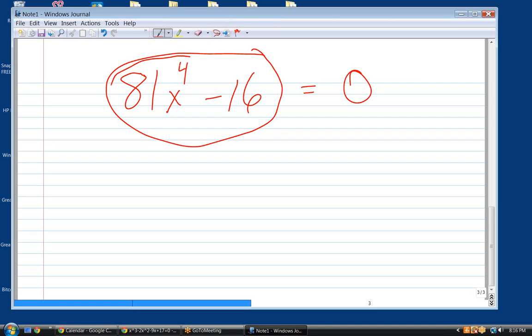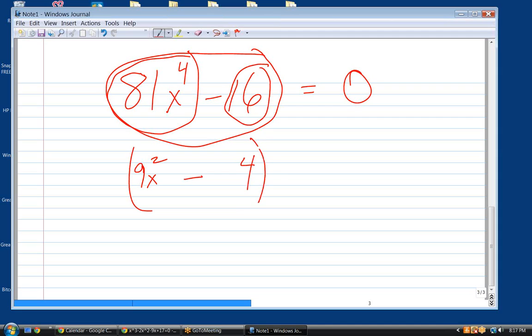Notice that this number here is a perfect square, the square root being 9x squared. This number here is a perfect square, the square root being 4. So I can say this is 9x squared minus 4 times 9x squared plus 4.